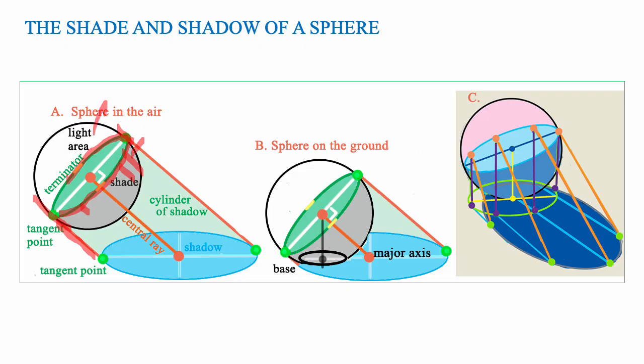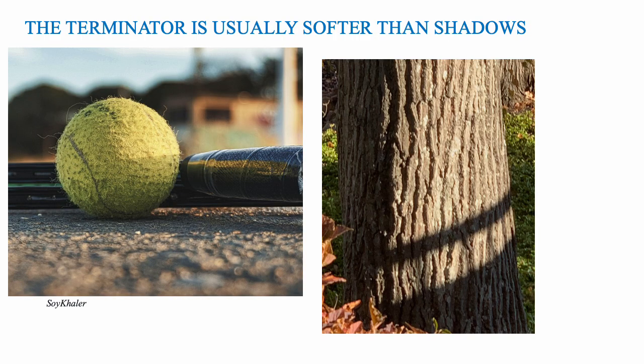And these light rays also go down and define the shadow. Now generally, the terminator is a relatively soft edge and the shadow is relatively hard-edged. These pictures show that the terminator is usually softer than the shadows.